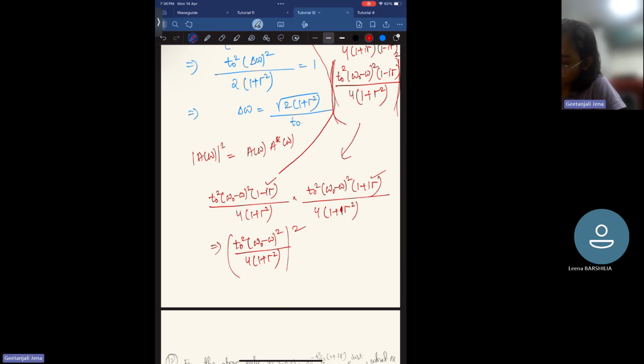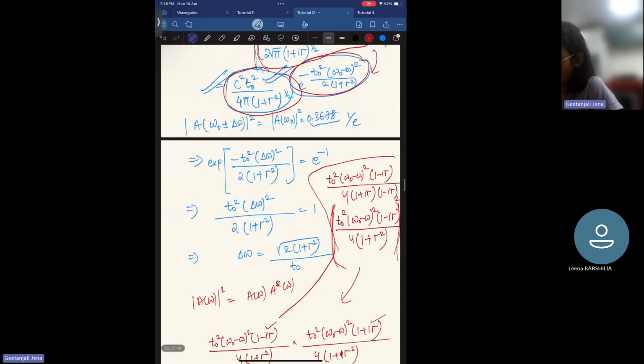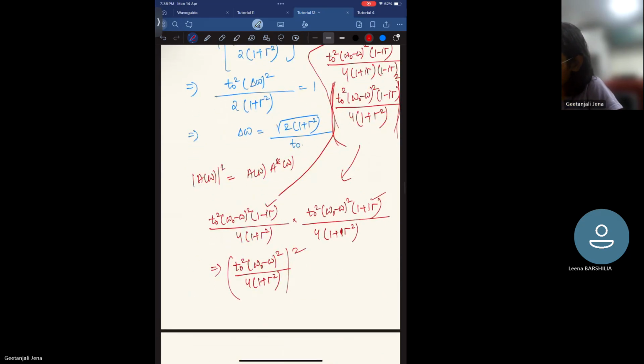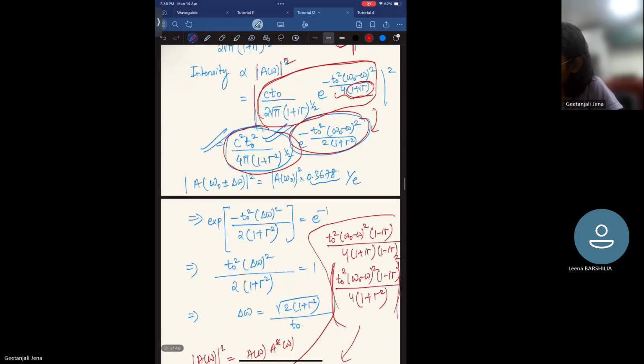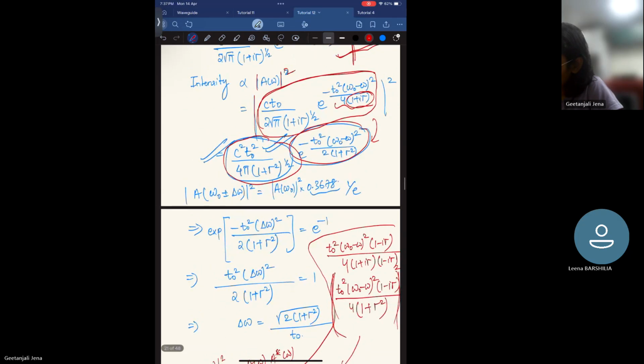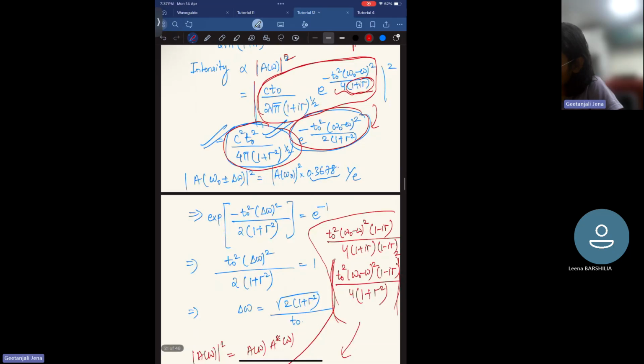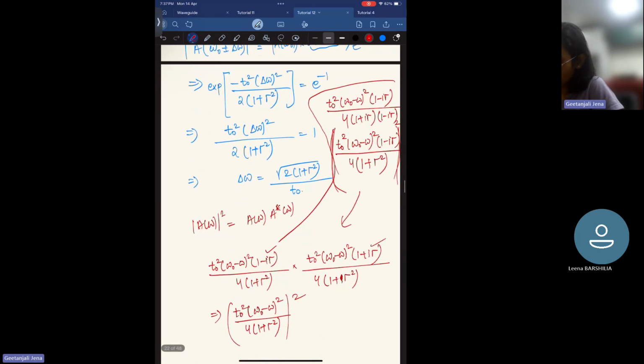Mm-hmm. If omega square 4 1 plus gamma square. I think I'm missing something here. Okay, so there is 1 plus gamma square.